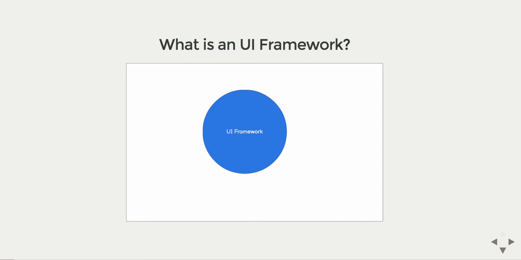One of the first things that I noticed after working there was they had no idea what a UI framework involved. Within a month of being there, one of the product managers sat me down and says, well, what's taking so long? I'm like, I don't understand.